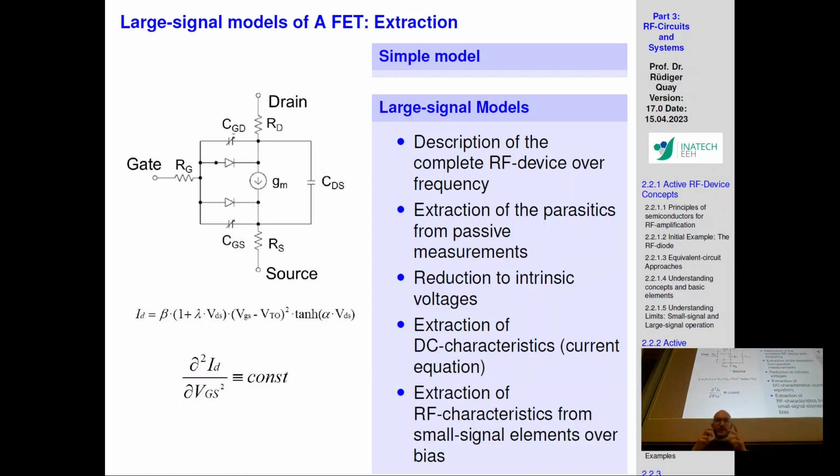These parasitics have to be modeled into a combination of a small signal performance and a large signal performance, so that we can have a description of the drain current that is achievable.